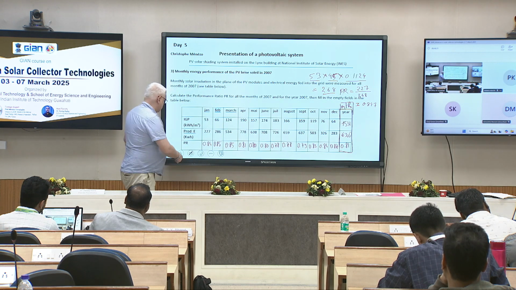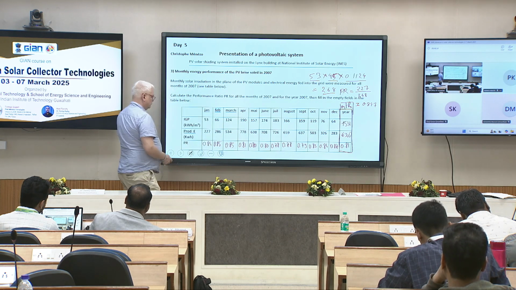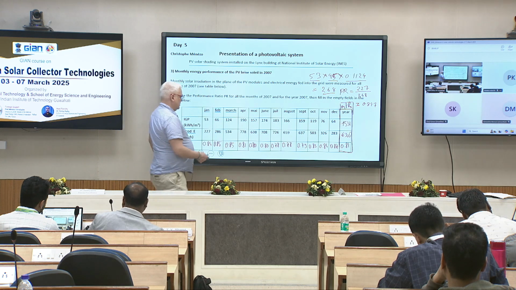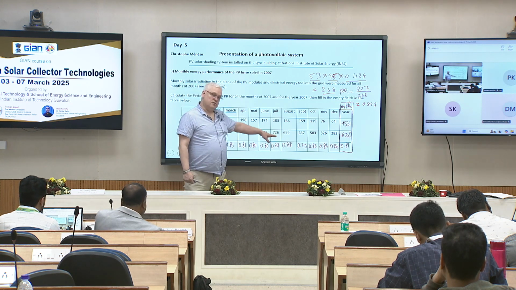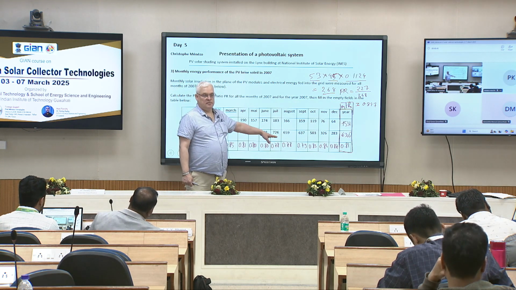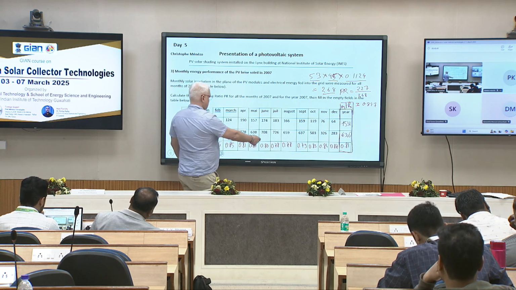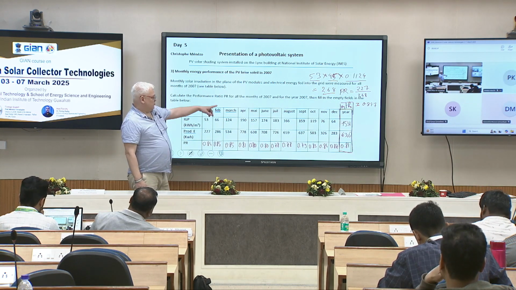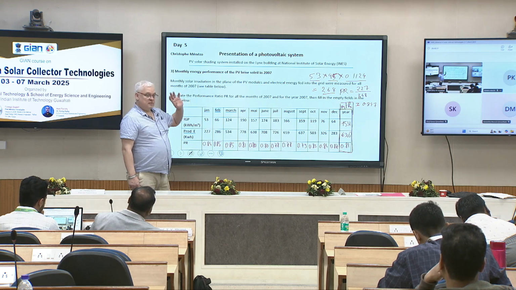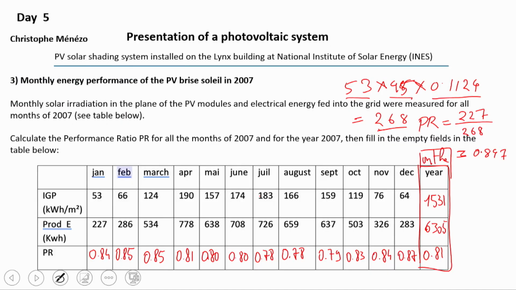So what we can see from that is that we are producing more during summertime, much more. You see here, 726 kilowatt hour during July month. So we are producing much more than in January, but the PV central operates in a worse condition compared to the winter time.